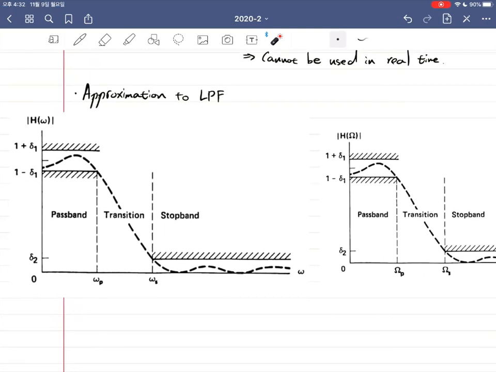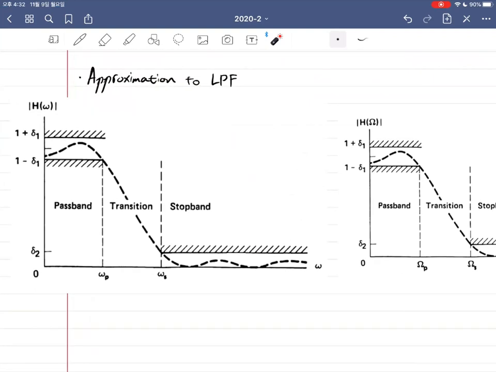Okay, first of all, you have the graph for 0 to, so a positive omega side is visualized with this figure, okay? And notice that this is the magnitude.